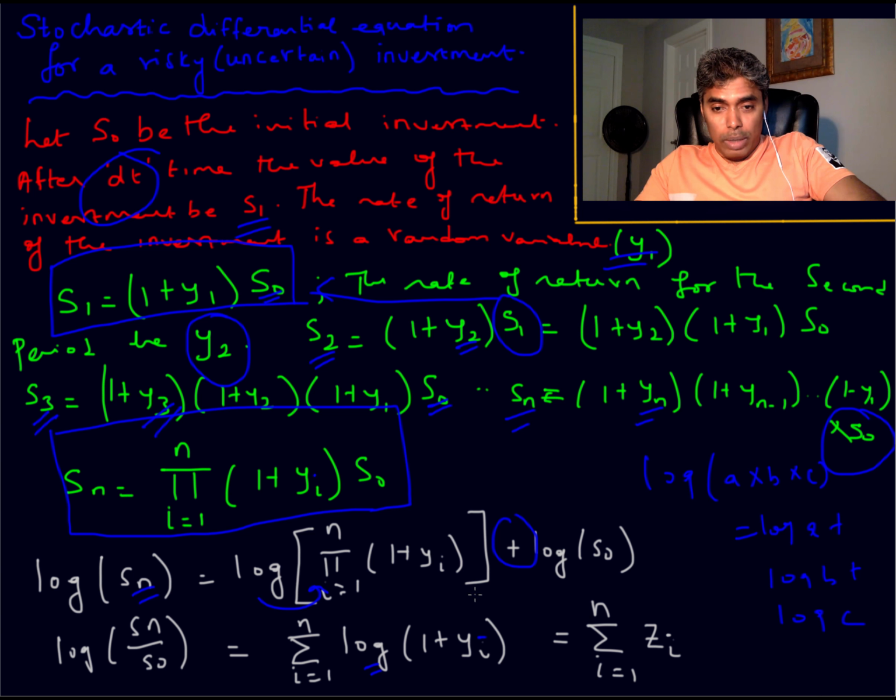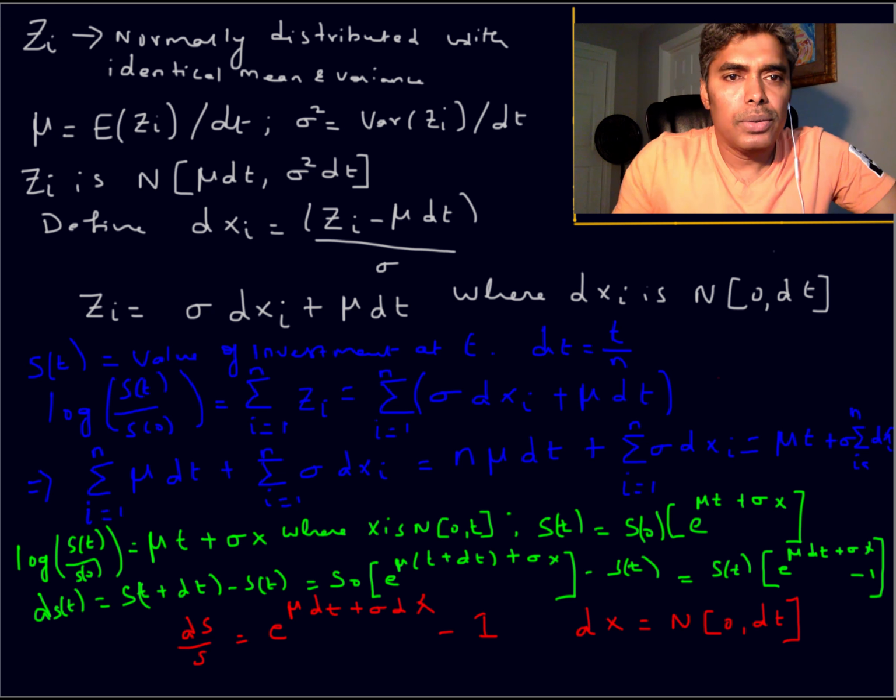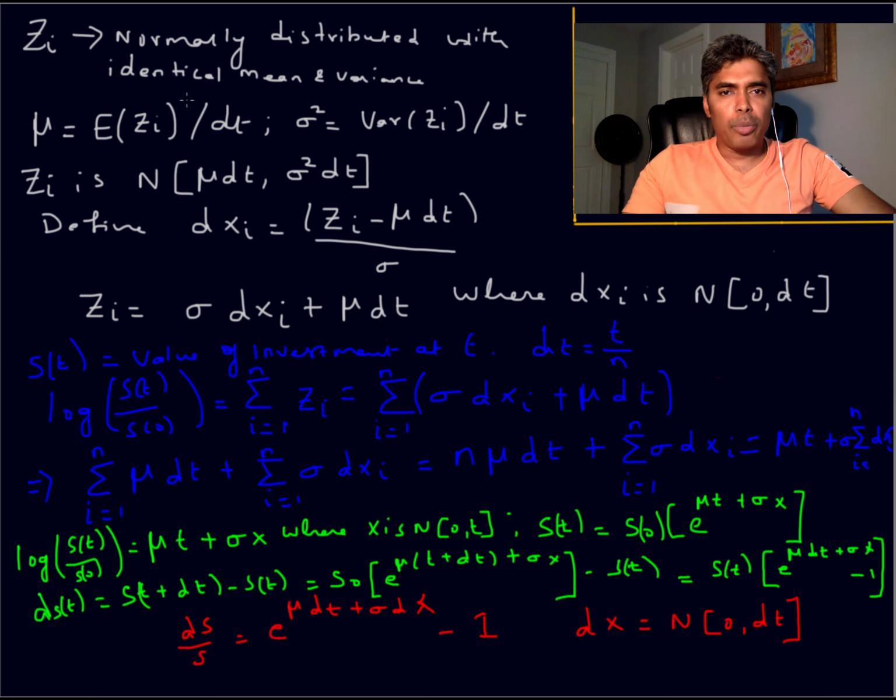Then I'm going to replace log of 1 plus yi with zi. That means log of Sn divided by S0 is equal to the summation of zi, with i going from 1 to n. So here zi is normally distributed with identical mean and variance.